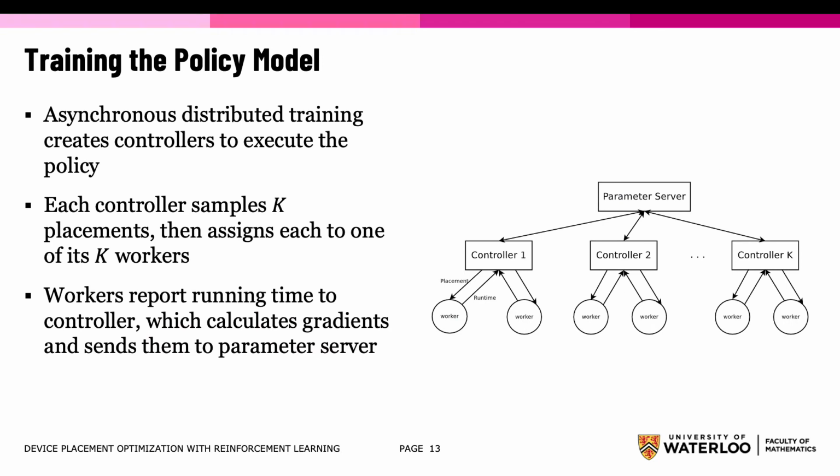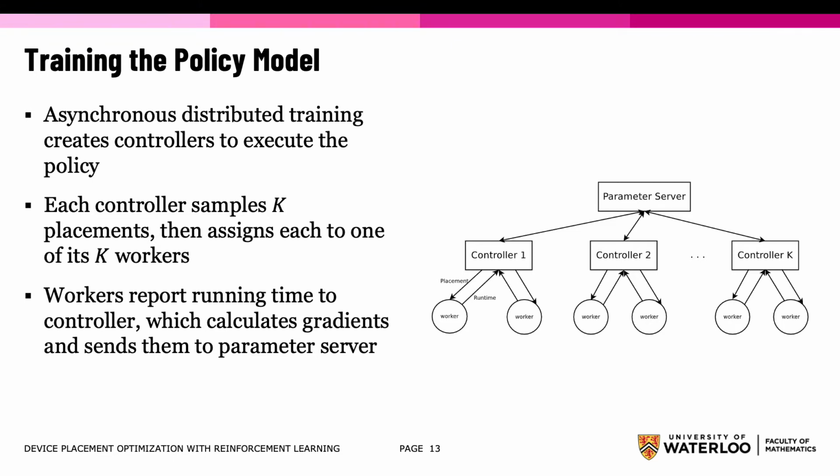To train the policy model itself, the authors use asynchronous distributed training, which is illustrated in the diagram on the right. In this strategy, they create controllers to execute the policy. Each controller samples K placements, where K is the number of samples that we previously established for the gradient calculation. Each of these K placements is then assigned to one of the controller's K workers.